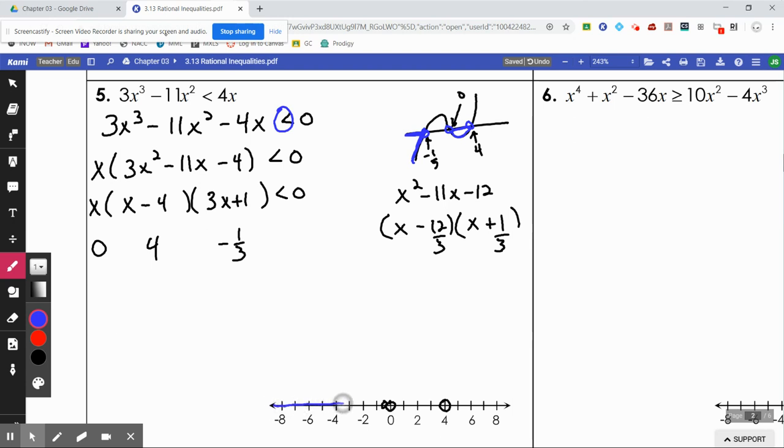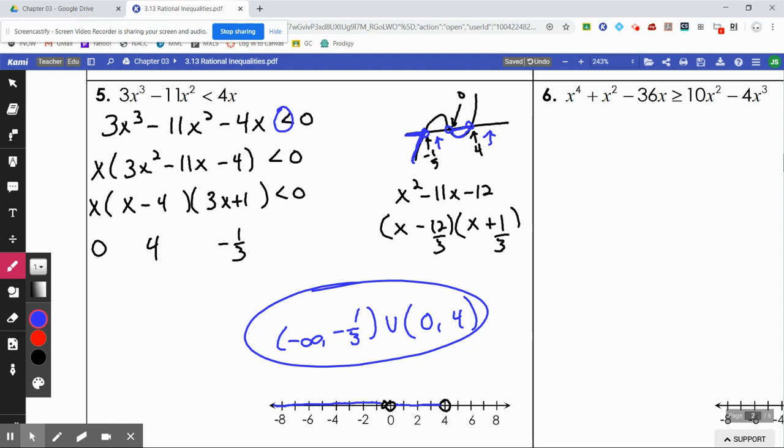From here over to here, the first region, then it skips the second region, and it's below it in the third region, those points are really close, and it skips the fourth region. So therefore, your solution will be everything from negative infinity up to negative 1/3, not including, union, and then everything from 0 to 4. That's going to be your solution.